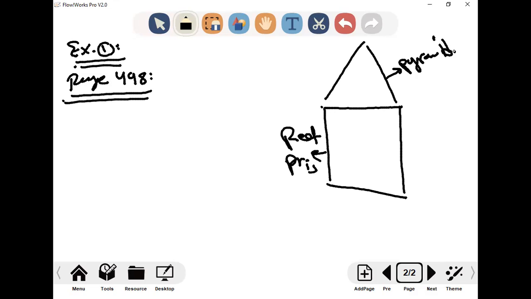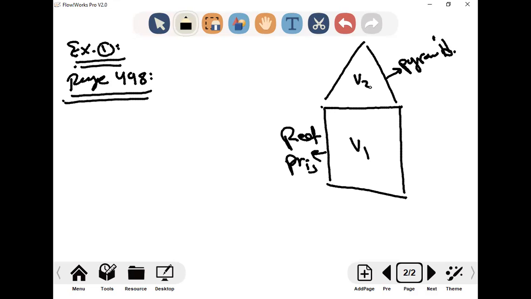Now to find the composite volume, I will call the bottom V1 and the top V2. Let's remember how we find volume 1, the volume for the rectangular prism. Here it is a square prism, which is a special case of the rectangular prism. In the rectangular prism, we have length and width. In the square prism, they are equal.